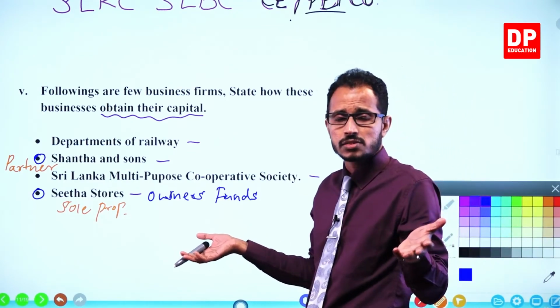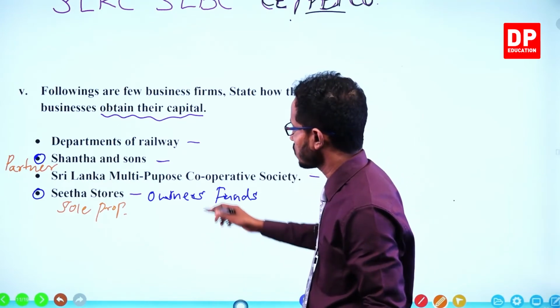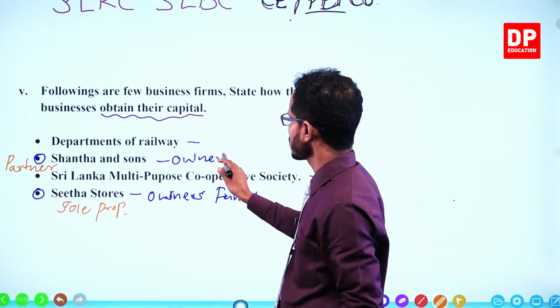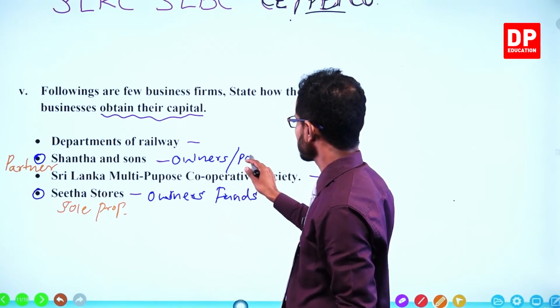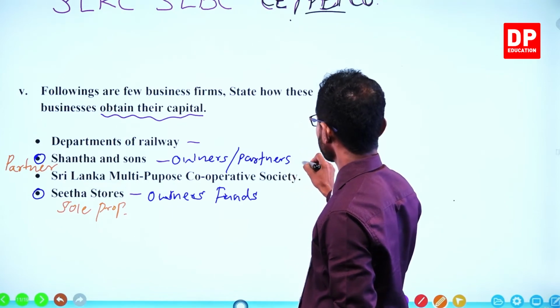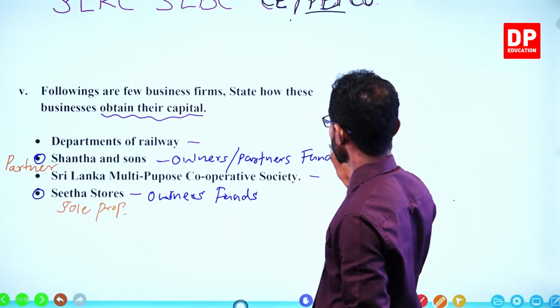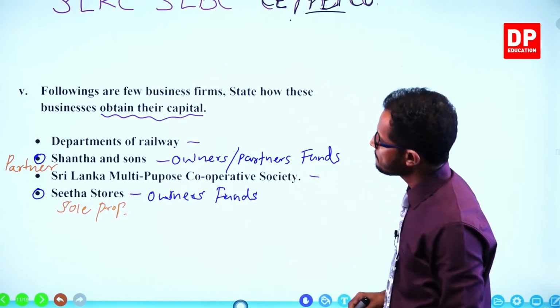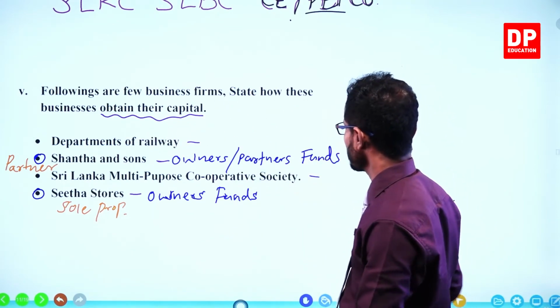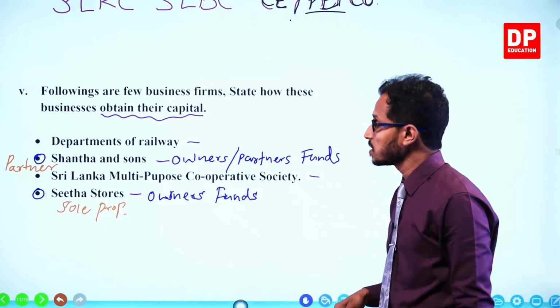Owners' funds, partners of the business, of course. Owners, partners, funds. How do these businesses obtain their capital? Owners' or partners' funds, right?